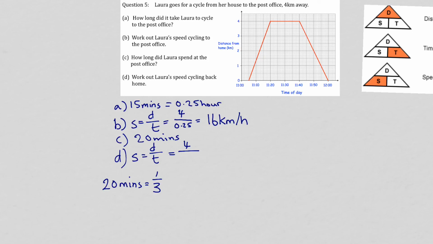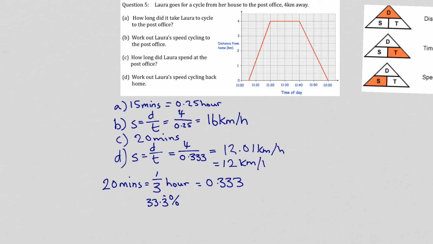So it's a third of an hour. Okay, or 33%. 0.3, and that will be a recurring. That 3 will continue in the decimal. So we can just take it to roughly be as a decimal, 0.333 of an hour. And if we use that, we're going to get an answer of 12.01 kilometers per hour, which we could just say would be 12 kilometers per hour.